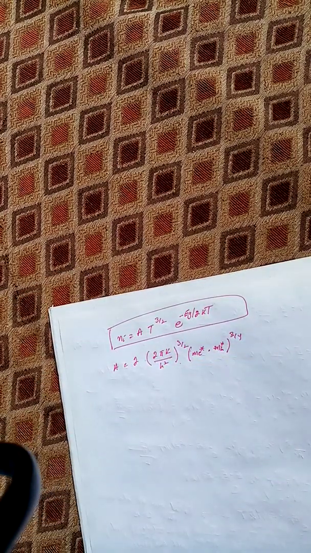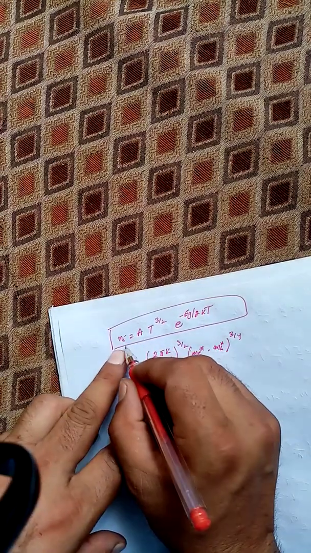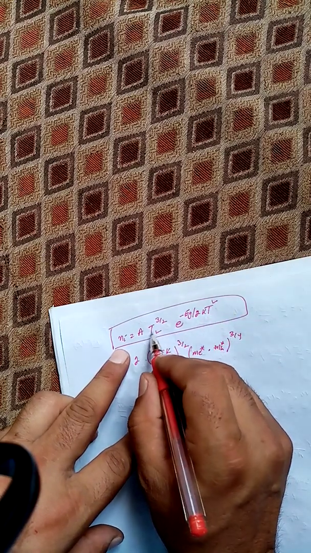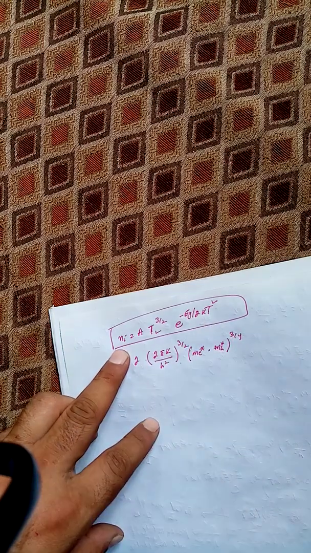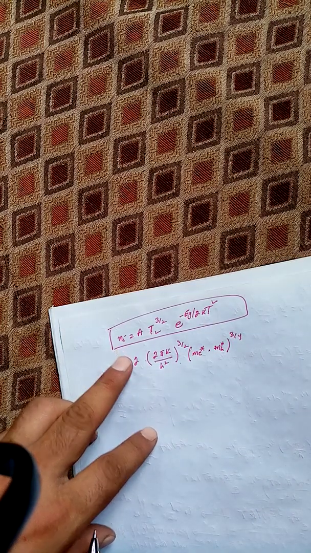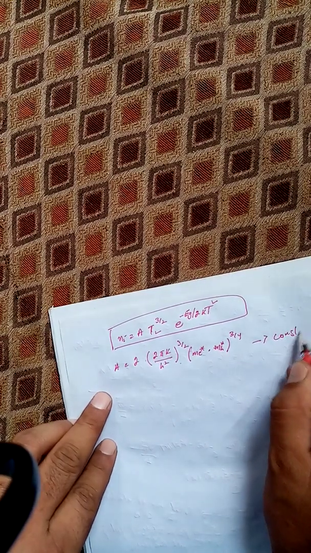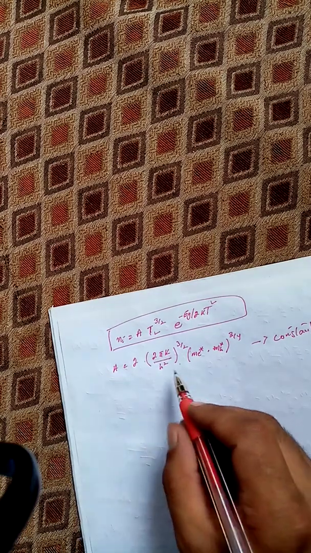Now if you look at this equation, Ni strongly depends on temperature. The temperature is here, and it's also in the exponential factor. Now A is a constant, but it depends on the effective mass of electron and hole.